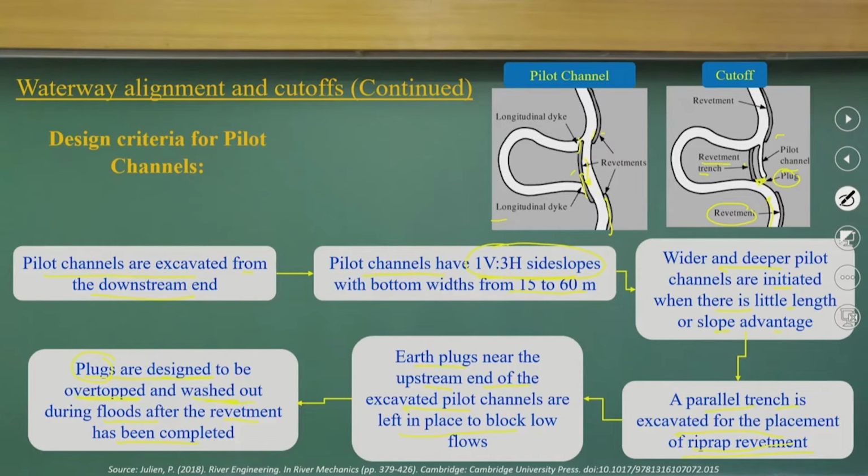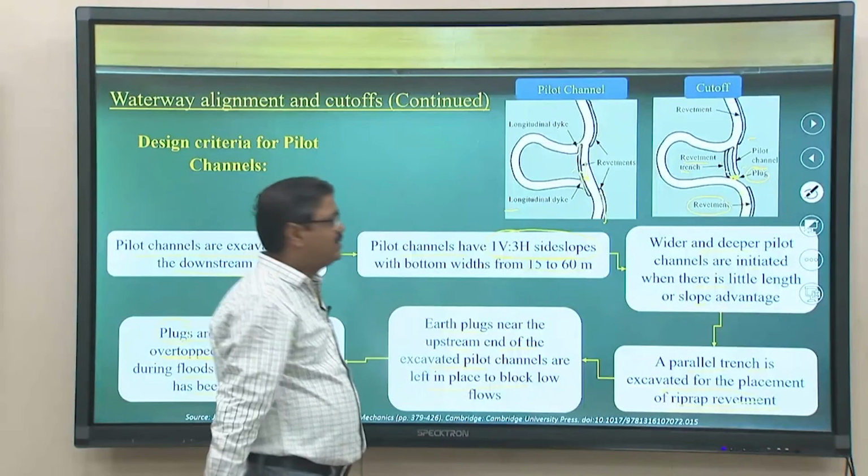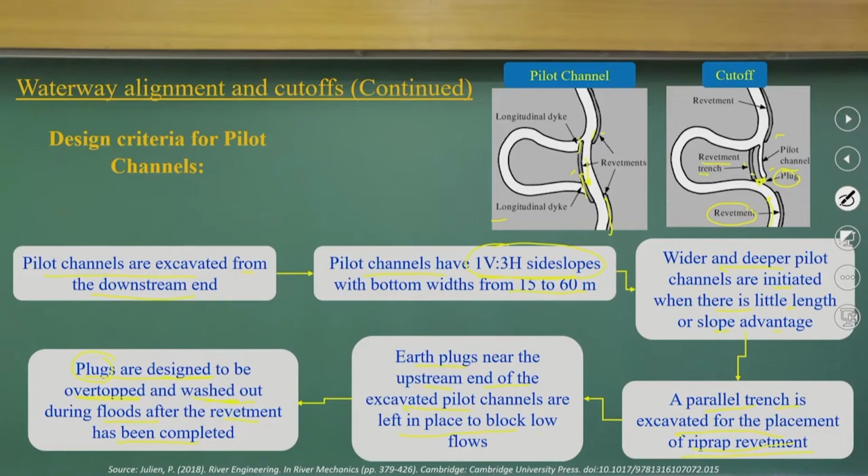As soon as it is washed out and overtopped, the flow will shape these pilot channels in terms of bed slope, width and depth. After certain days or in a season, an active channel will come up with a modified width, depth and slope, which is the stable thing we are looking for, and we wait for the floods to do that part.